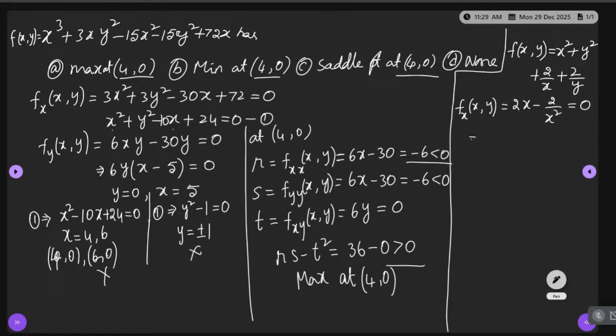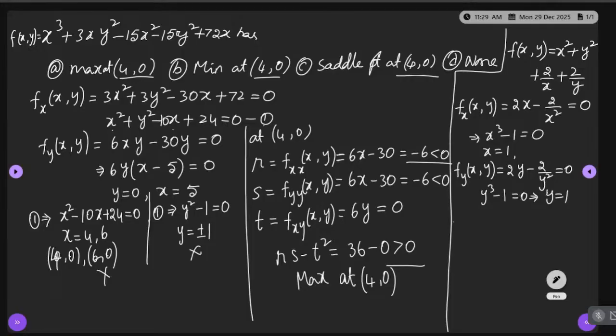So this implies x cube minus 1 equals to 0, so x equals to 1. f_y of (x, y), what is it? 2y minus 2 by y square, so y cube minus 1 equal to 0, y equal to 1.